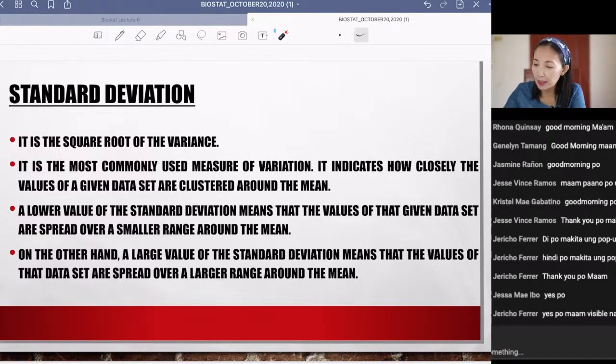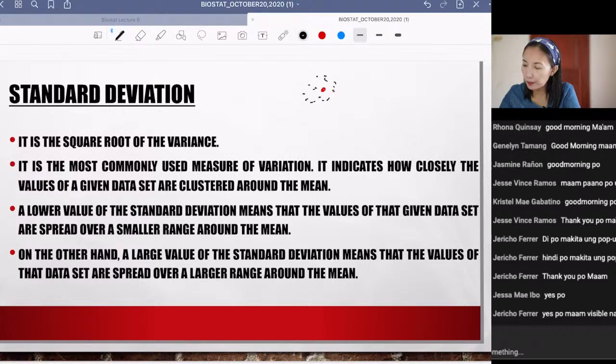So if this is the mean, and then the values are just close to the mean. Whereas if its value is large, then most likely the scores are farther from the mean. So that's how we could visualize it.